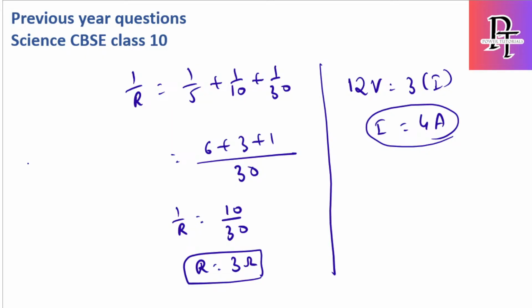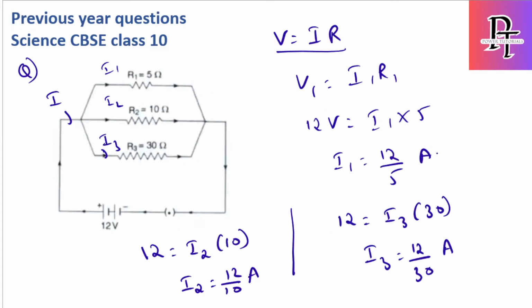Let's check it here. I1 is 12 by 5. 12 by 5 is nothing but, 5 twos are 10, 5 fours are 20, this is 2.4 amperes. I2 is 1.2 amperes. What about here? 3 fours are 12, 3 tens are 30. So this is nothing but 0.4 amperes.